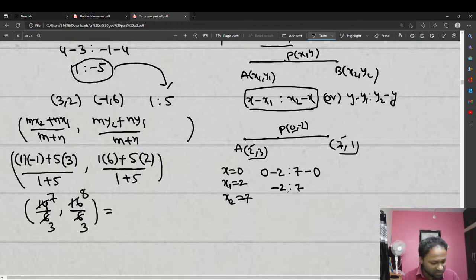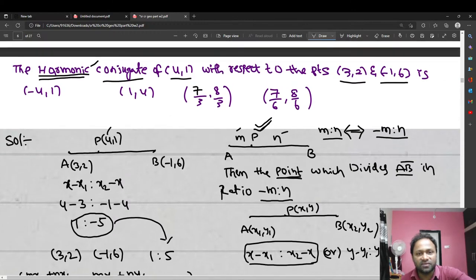So the answer will be ordered pair 7 by 3 comma 8 by 3. Let us check the answer. The answer will be 7 by 3 comma 8 by 3. So this is the correct answer.